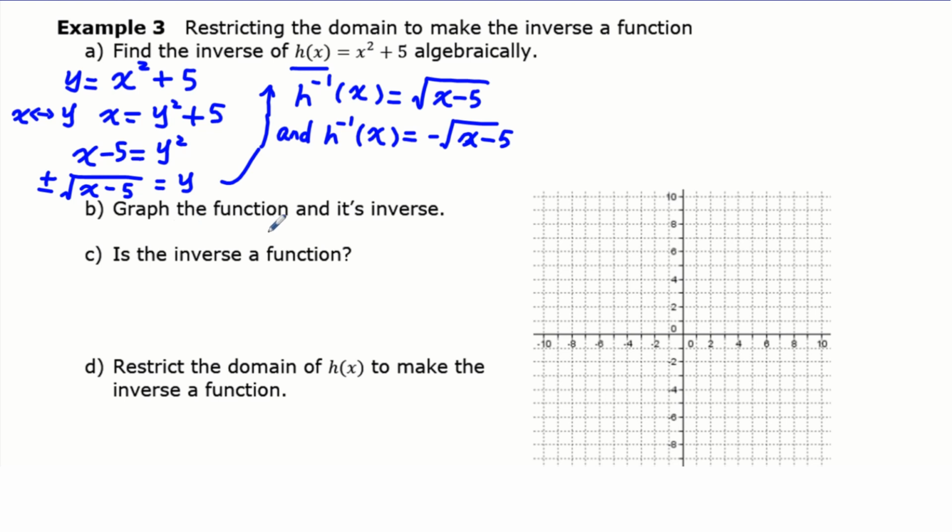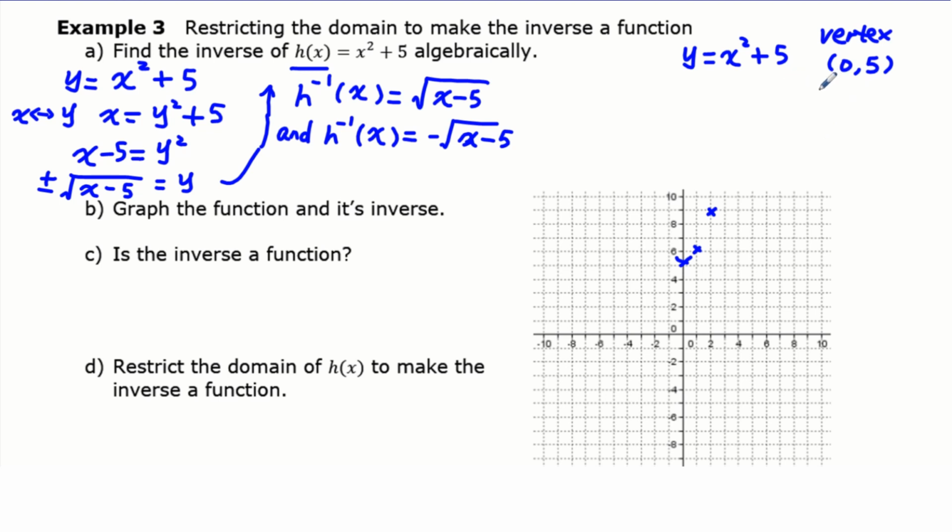It asks us to graph the function and its inverse. So x squared plus 5 is a quadratic function, and the vertex is (0, 5). The step pattern is right 1 up 1, right 1 up 3. So y equals x squared plus 5. The vertex is (p, q). There's no p, so it's 0.